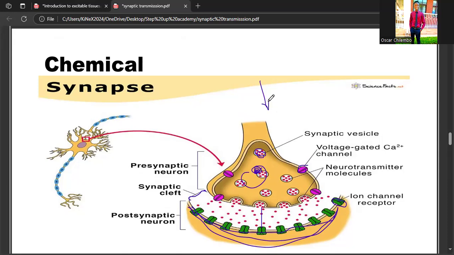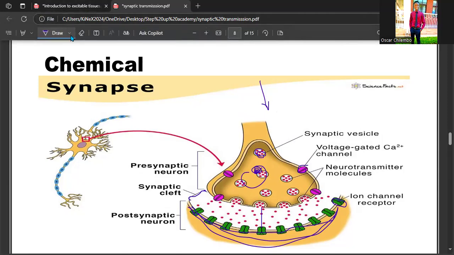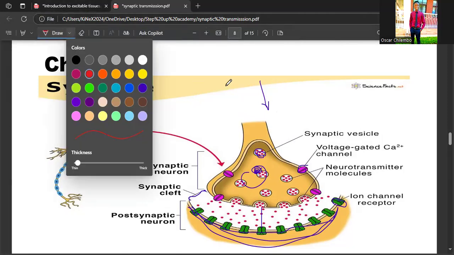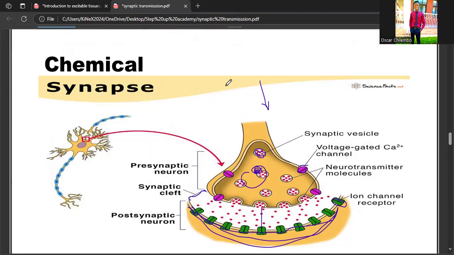So what happens is when an action potential reaches the axon terminal, it causes the voltage-gated calcium channels to open. Once voltage-gated calcium channels open, calcium starts moving inside the cell.